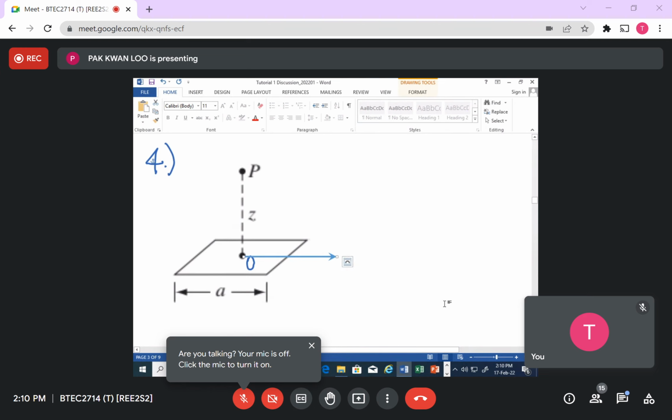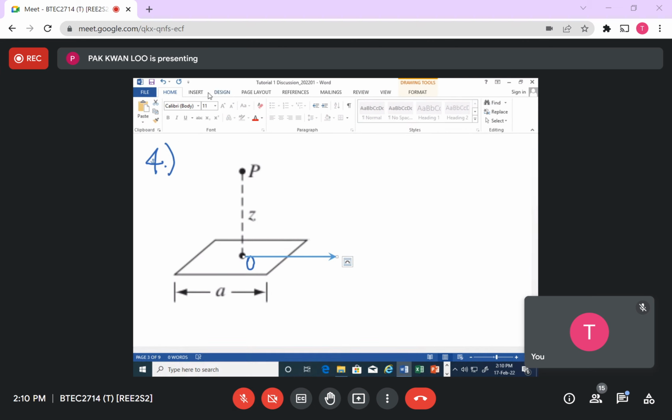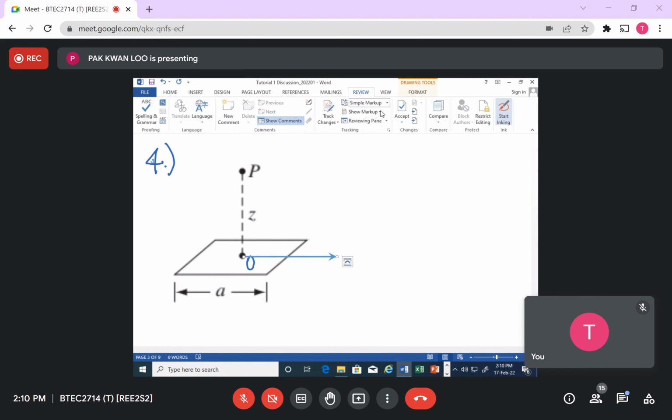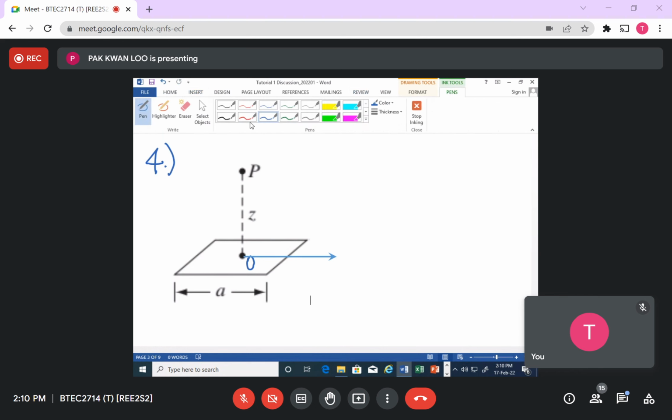Okay, so I have drawn another axis, just for illustration purposes. Say that this axis here represents y, or x, up to you. Let's say this axis represents y, and this axis here represents the z-axis.